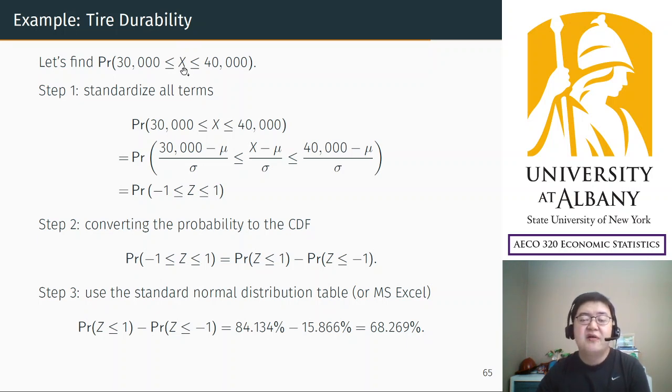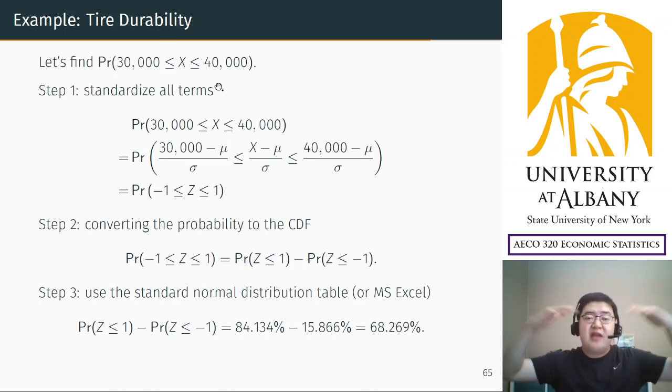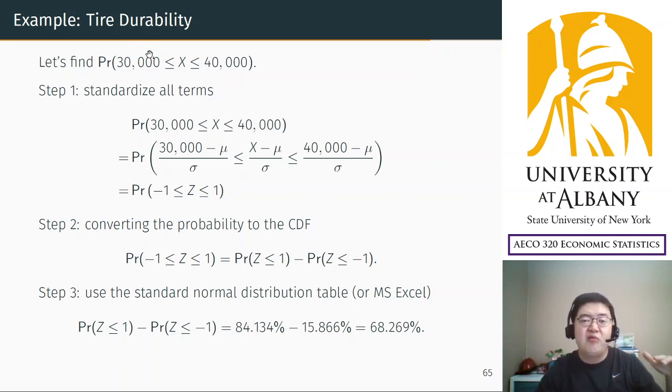And here, remember, you have to standardize all the accompanying terms because you have two inequalities. You have to make their levels comparable with each other, right? If you standardize only one of them, like if you standardize 30,000, its standardization is -1. But if you don't standardize the other side, it may remain as 40,000.